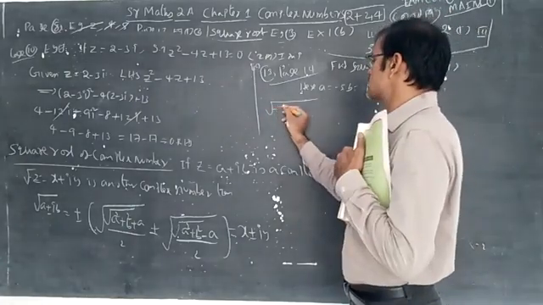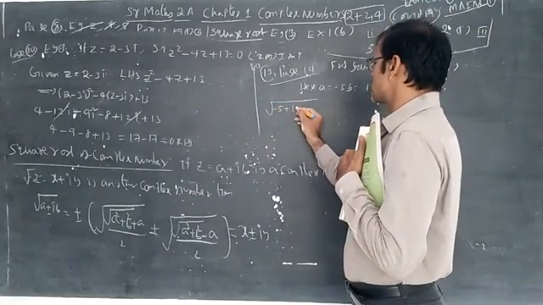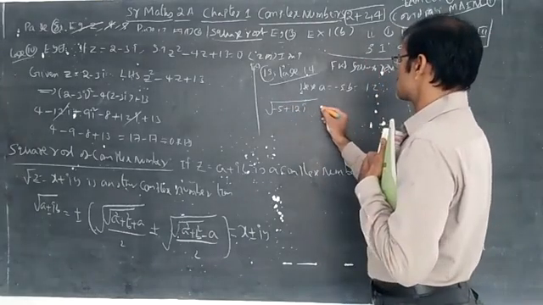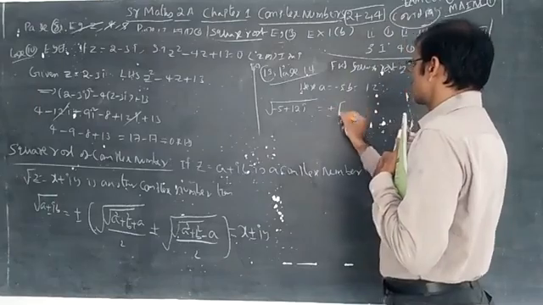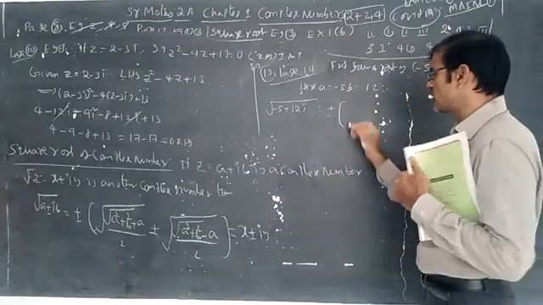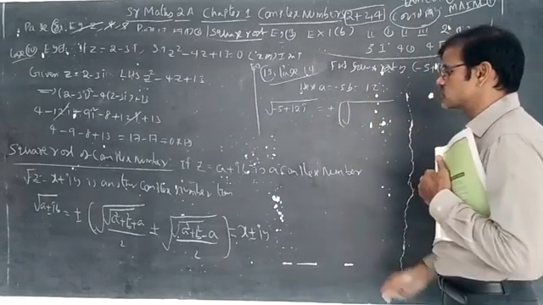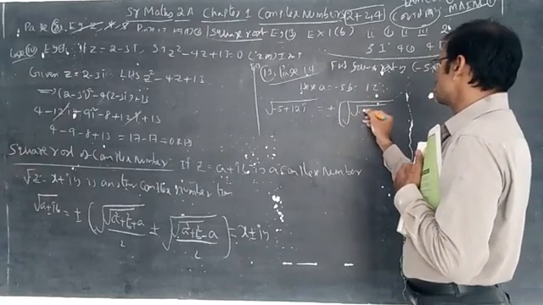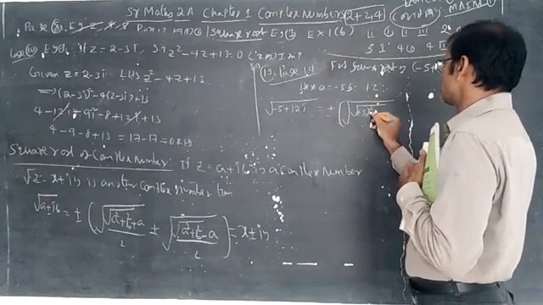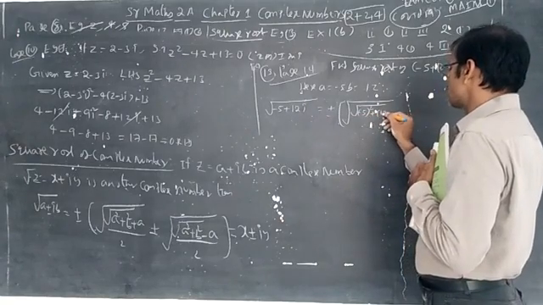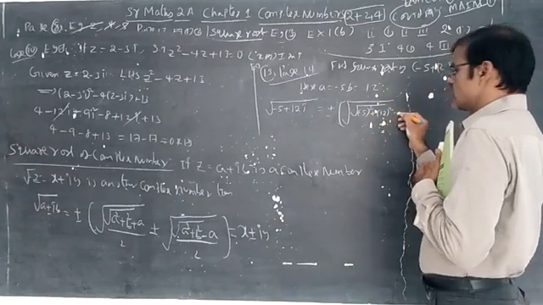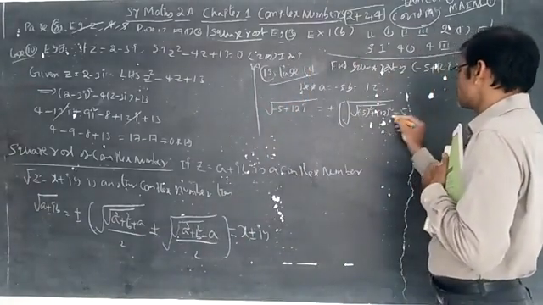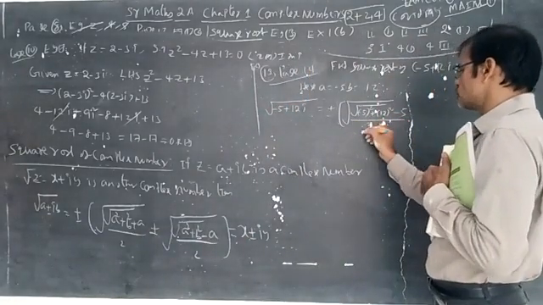In the middle plus is there. You write the square root of minus 5 plus 12i equal to, once again I am writing the formula, root of a square plus b square, so root of minus 5 whole square plus 12 whole square, and here plus a, meaning minus 5, total by 2.